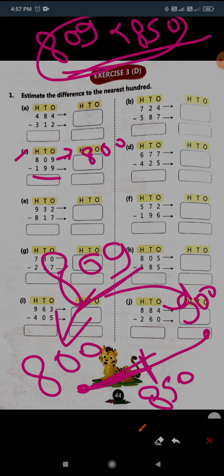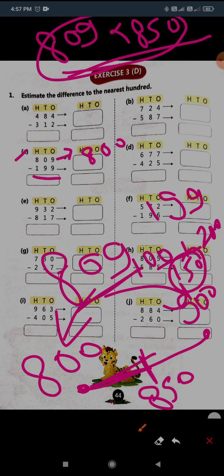The next is 199, because 199 will belong between 100 and 200, and the mid is 150. So you can observe that 150 is less than 199. So 199 is greater, so it will take its space in the second part of the number line.